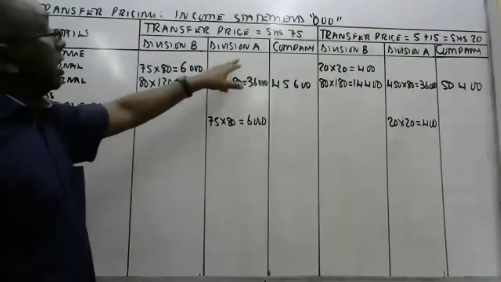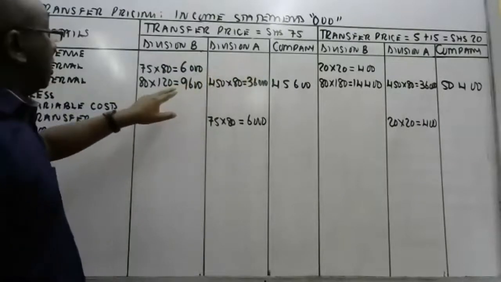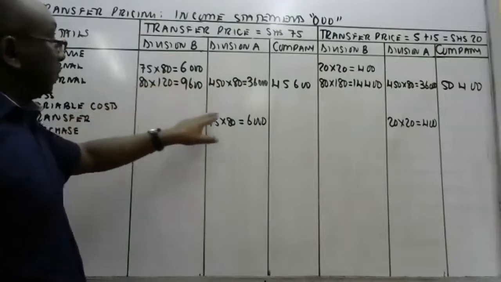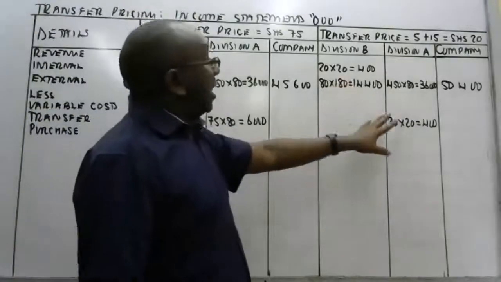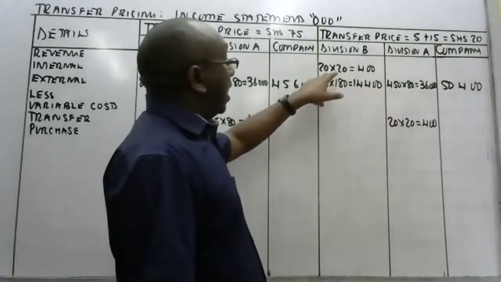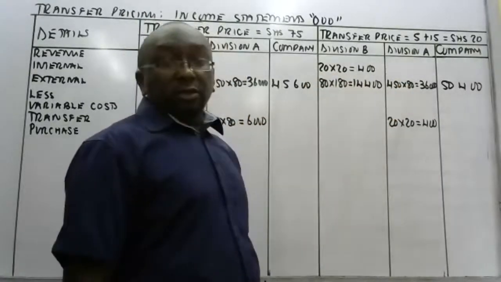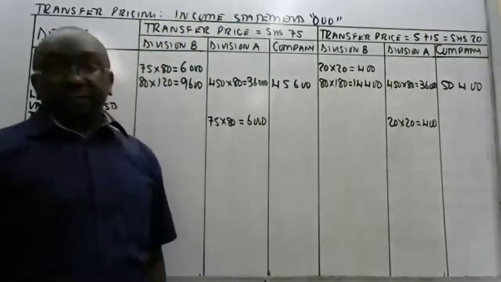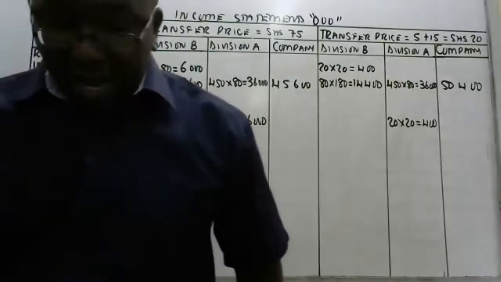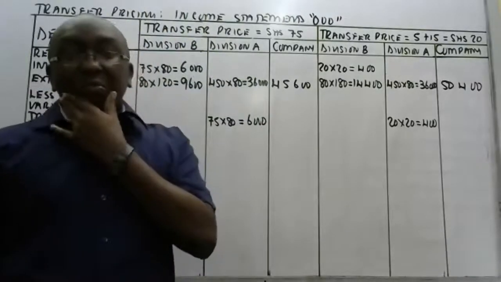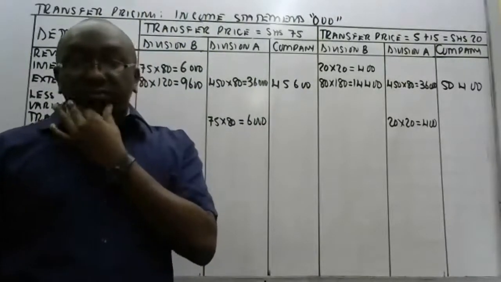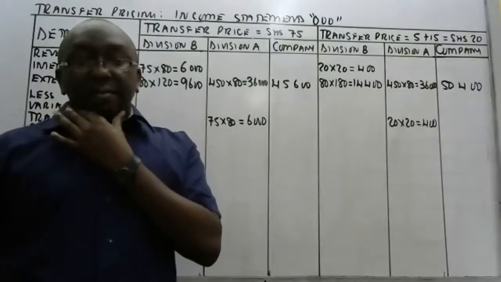Here, division A has received everything it required, 80, so it does not need to buy. But here, they have only been given 20 and they required 80. So how many must they buy?